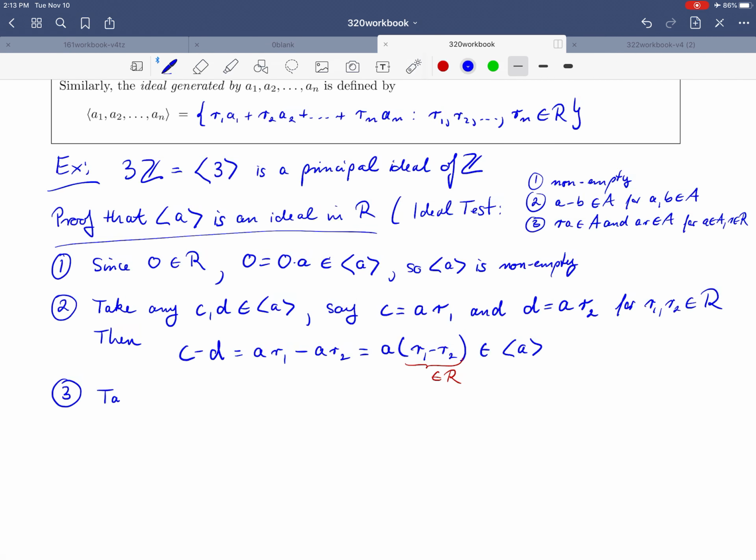For that, we need to take, again, an element in A. Let's call it C. Let's take C in A, and we need to take any ring element, R. And what we want to show is that CR and RC are elements in our principal ideal.